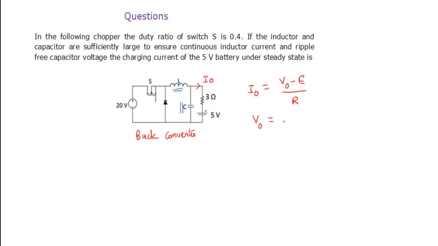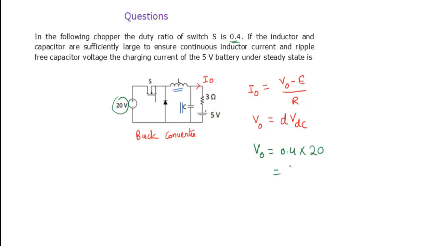Okay. Buck converter V average is nothing but D times VDC. So now calculate the values. Here V average is D times VDC, D is given 0.4, multiplied with the source voltage, that's given 20 volts here.